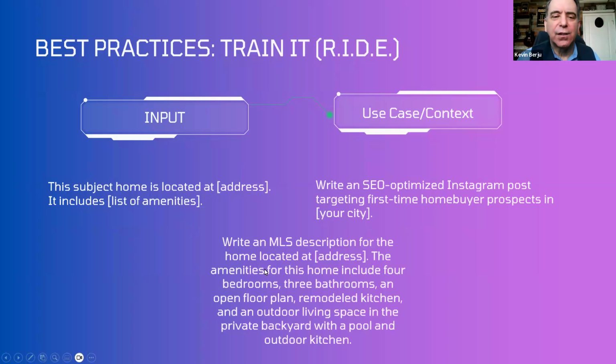Write an MLS description for the home located at that address. The amenities for this home include 4 bedrooms, 3 bathrooms, and an open floor plan, and so on, right? So here are a few examples of what that looks like. The more input you provide, the better the output is going to be. You know that saying, crap in, crap out. Well, better stuff in, better output out. Does that make sense?